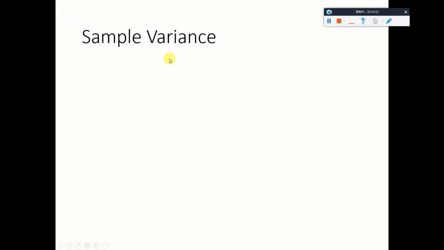So, warning. The conceptual definition of sample variance can be very complicated. It will be quite a mouthful. I will anyway give you the definition first, but just don't panic. We'll walk through that definition together, and you will know how to calculate sample variance. So here we go.